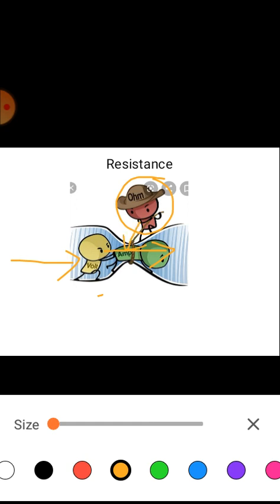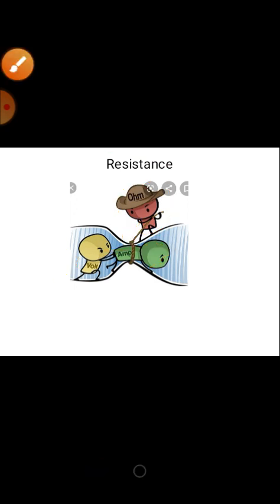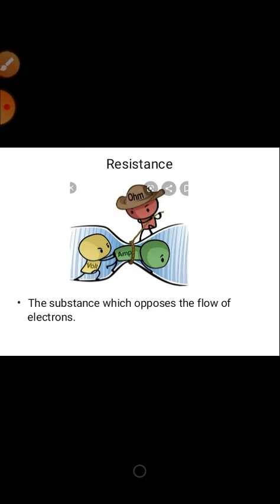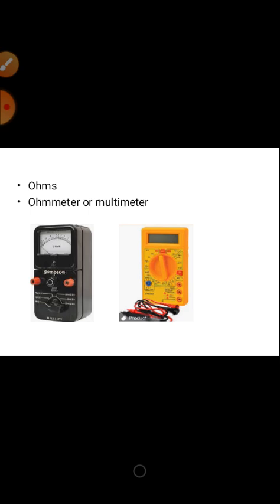This opposition is called resistance. The definition of resistance is: the substance which opposes the flow of electrons is called resistance. It is measured in ohms by using an ohmmeter or multimeter.